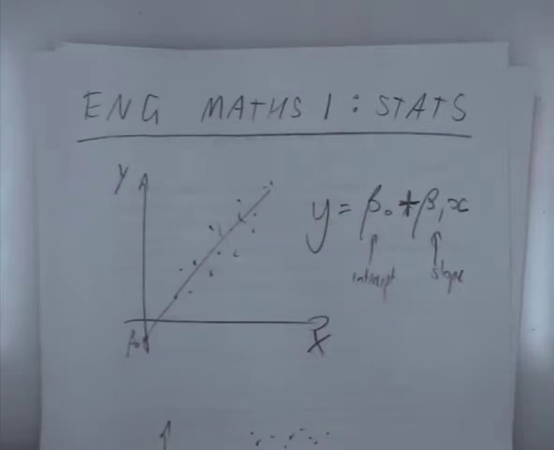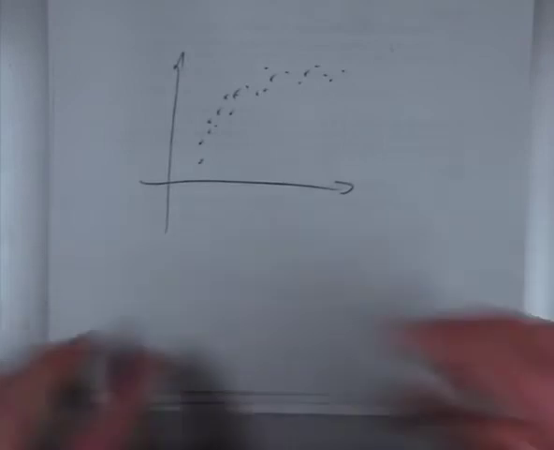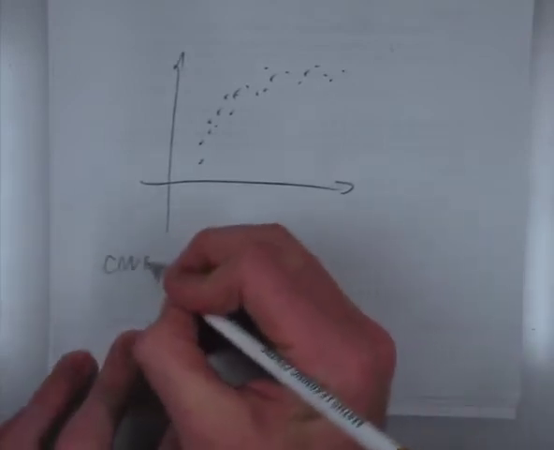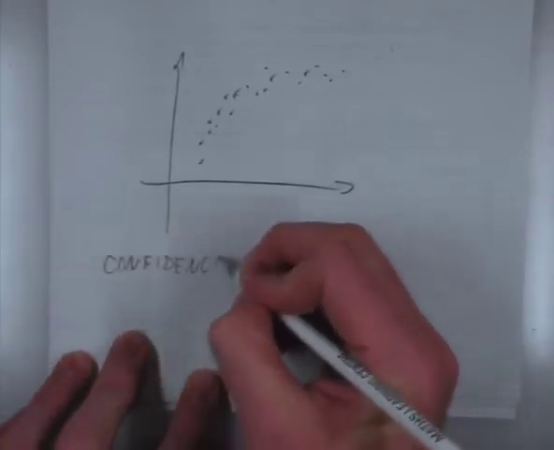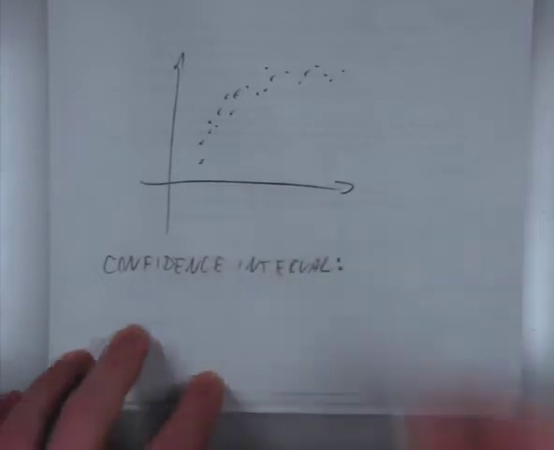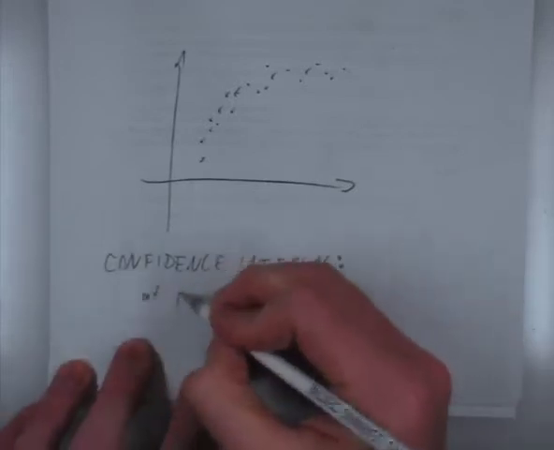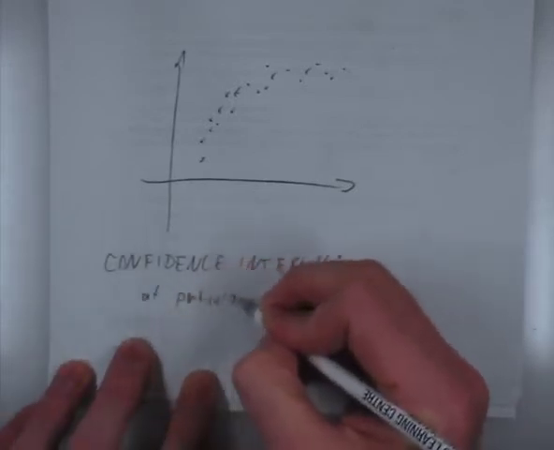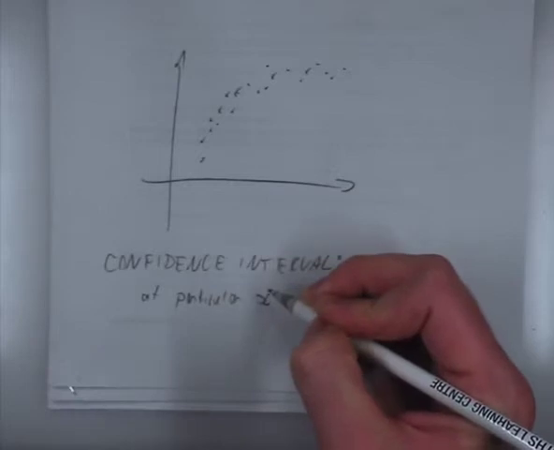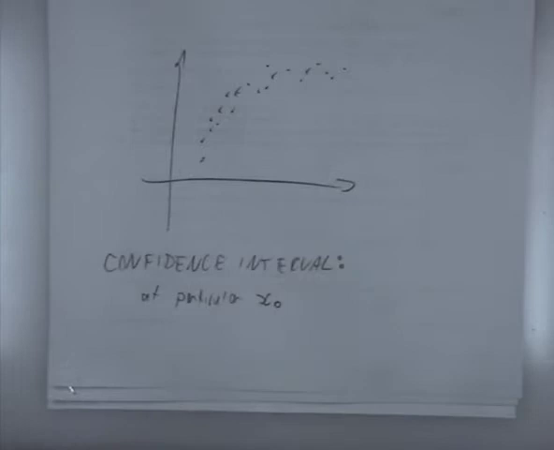And there are two intervals that will tell you that. You have this thing called a confidence interval. And what that tells you is what the possibilities are for the average at a particular x, which your lecturer has called x0.